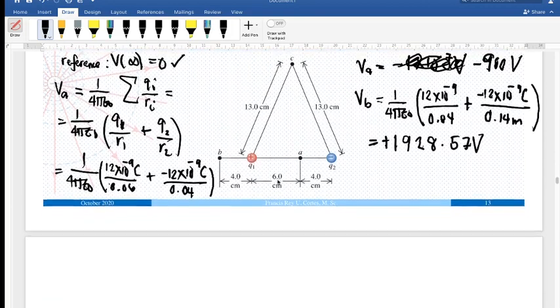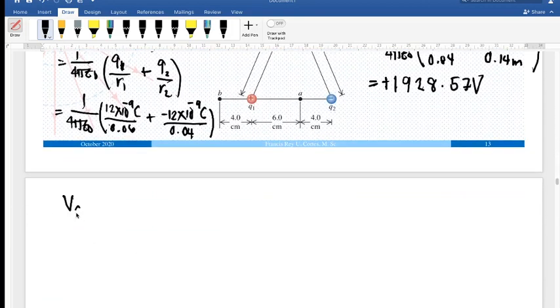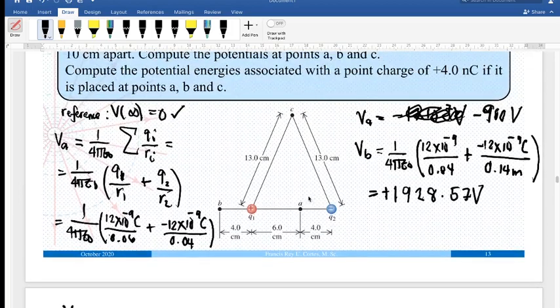How about at point C? What is the potential at point C? What do you think?